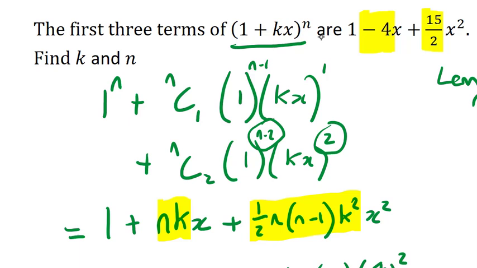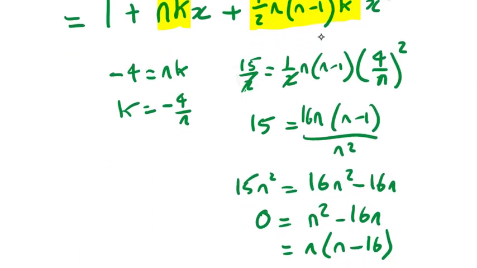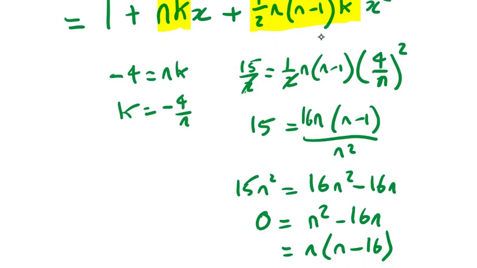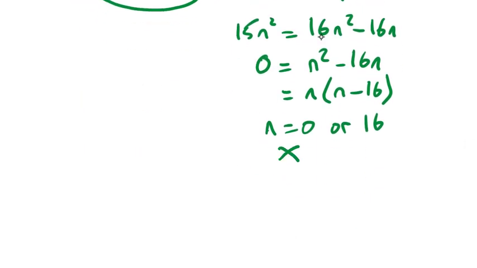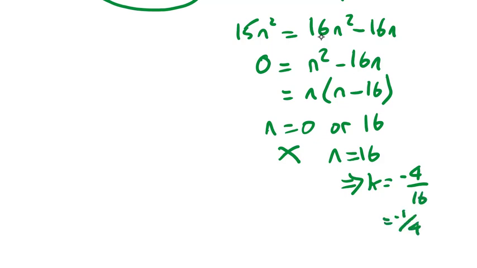So I find n equals 16. That looks like a good answer. And then I've got a value for k here. n equals 16, k equals minus 4 over 16. So I'm going to cross that one and say n equals 16 implies k equals minus 4 over 16, minus a quarter. Tough question. Love it.